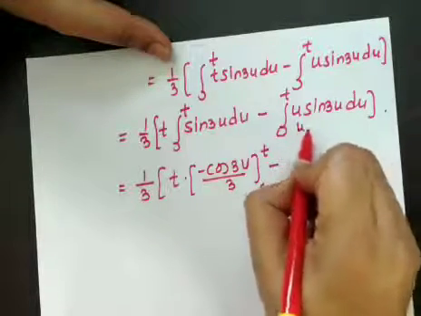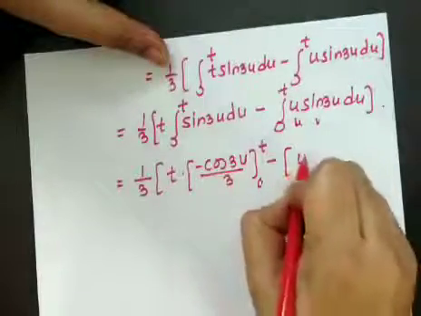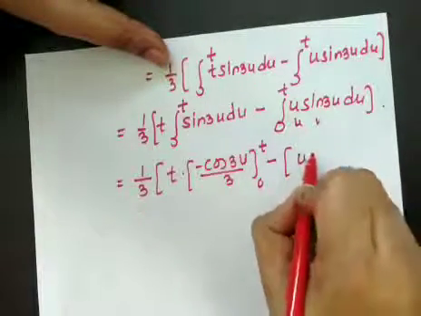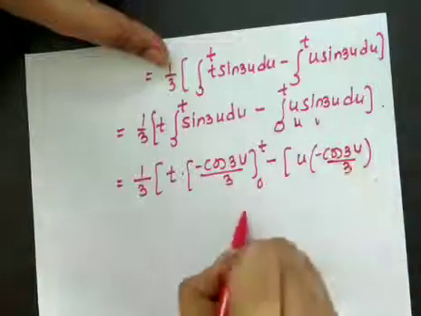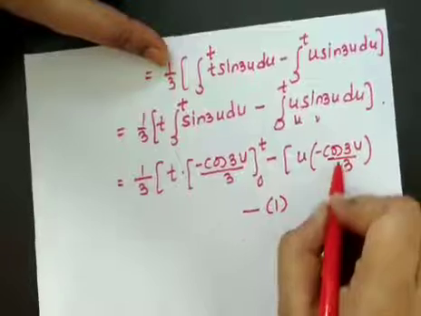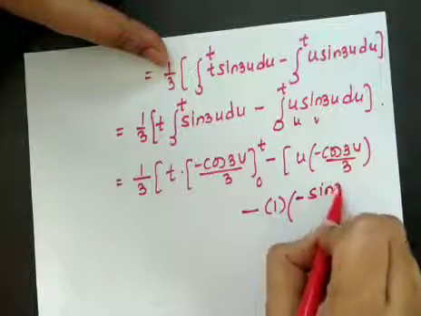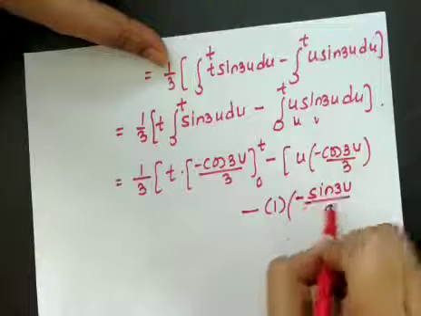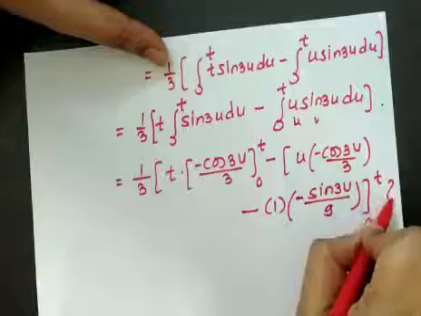So this is your u and this is your v, so it is u times integration of sine, that is minus cos 3u upon 3, minus derivative of u, that is 1, integration of cos is sin 3u upon 3 into 3, that is 9, from 0 to t.